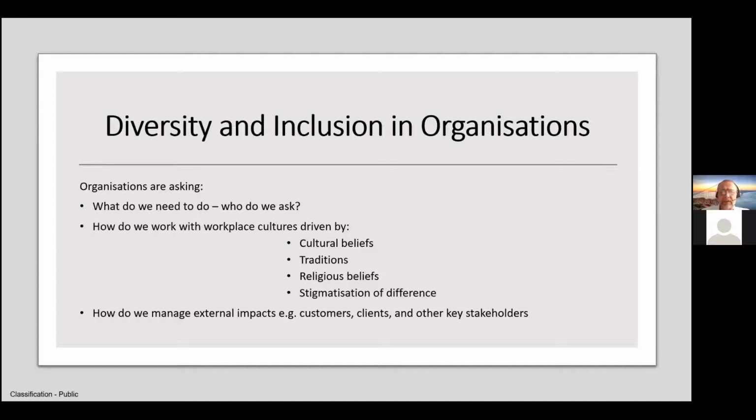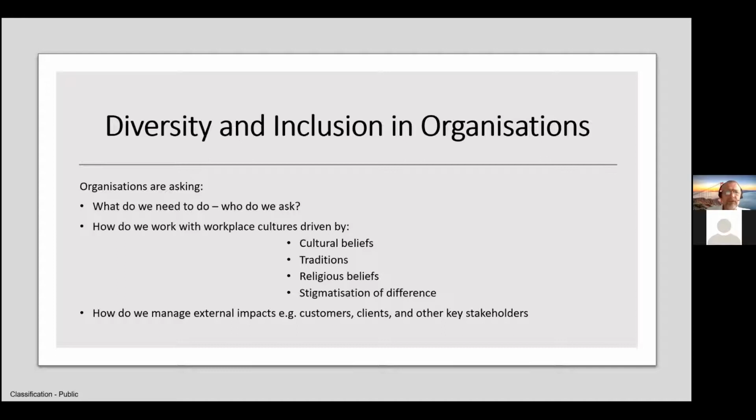Some clients are asking for capability around diversity and inclusion because they will also want to be able to prove to their stakeholders that they're working with organizations who are fit for purpose. And there are other key stakeholders: governments, legislative bodies, licensing bodies, and of course the workforce.